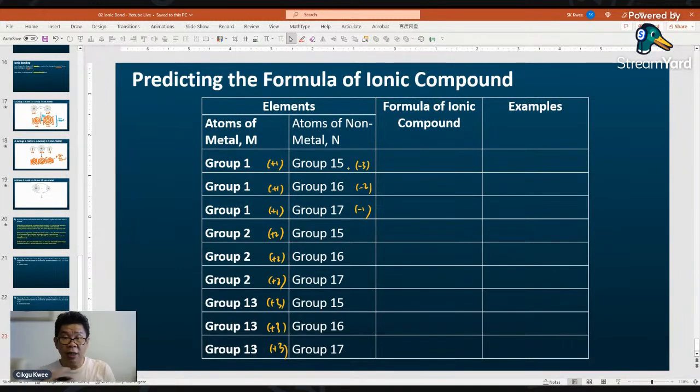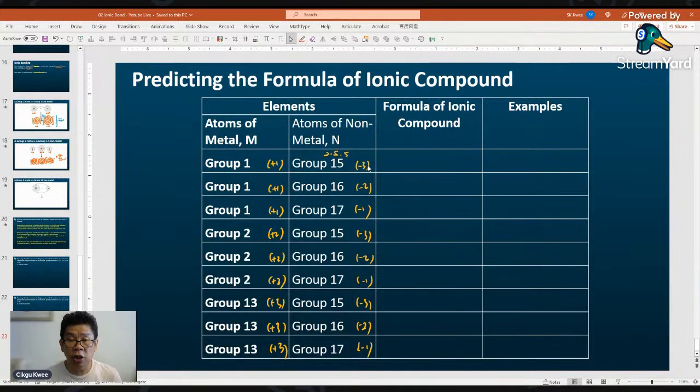How many electrons are received or released depends on how many are transferred to make them achieve an octet. Like group 15, the electron arrangement is 2.8.5. That means it lacks 3 electrons to become stable, so it will receive 3 electrons, making the charge -3. So group 15 is -3, group 16 is -2, and group 17 is -1.